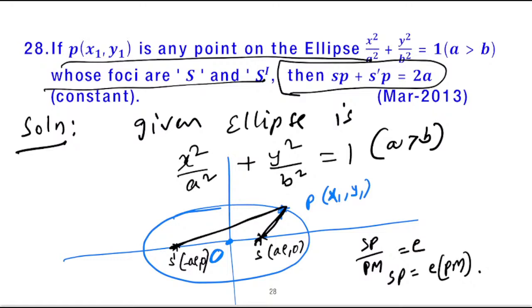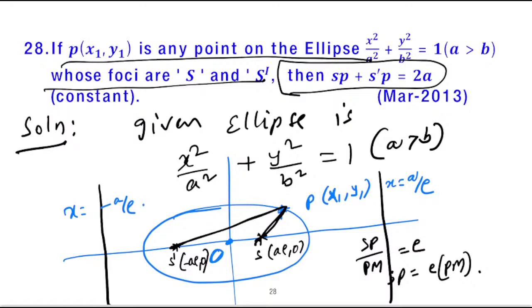PM is the perpendicular distance from P to the directrix. These are called directrices, and we write them as x is equal to plus or minus a by e. This is x is a by e, and this is x is minus a by e.